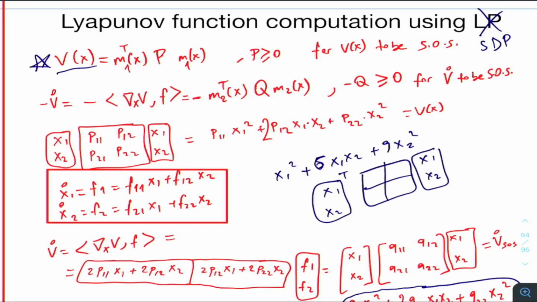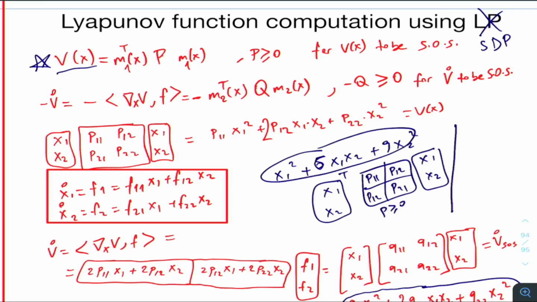And we are going to write P11, P12, and P12 again because it's gotta be symmetric, right? P21. Okay, and then we are going to impose some constraints on this P matrix, right? And P must be positive definite for this polynomial to be SOS, right? Okay, so what are those constraints?